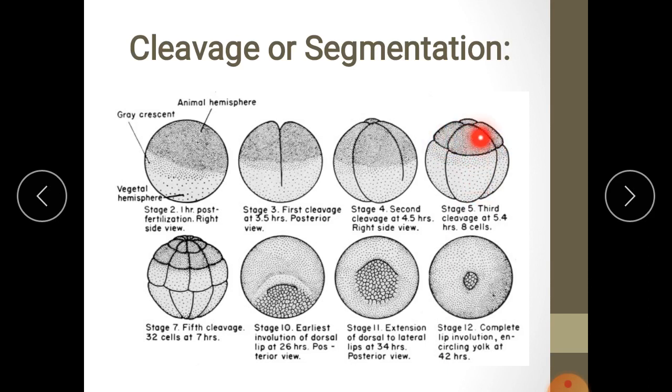Four blastomeres that are present towards the animal pole region are smaller in size, and another four blastomeres present at the vegetal pole region are larger in size. These are called macromeres and these are called micromeres. So third cleavage in frog embryology, frog cleavage is holoblastic but unequal.